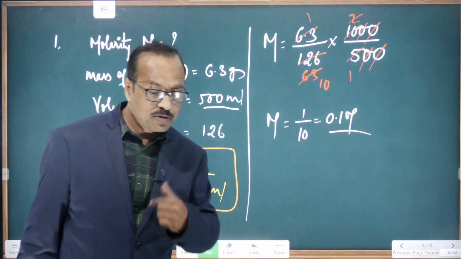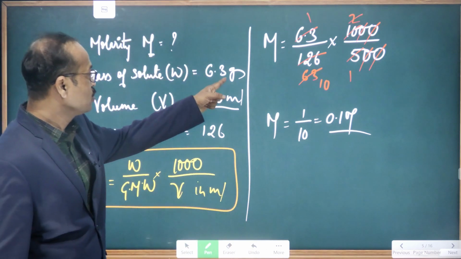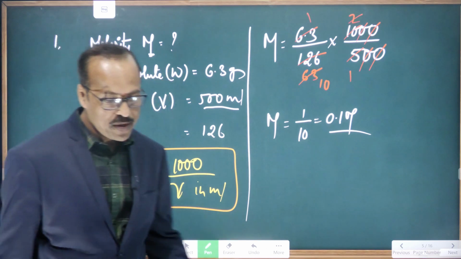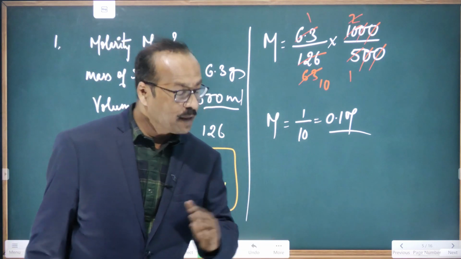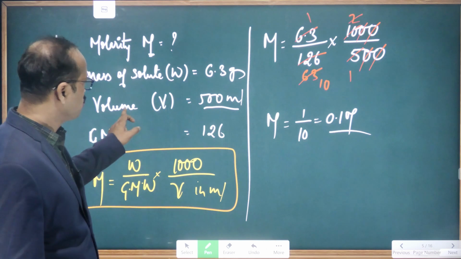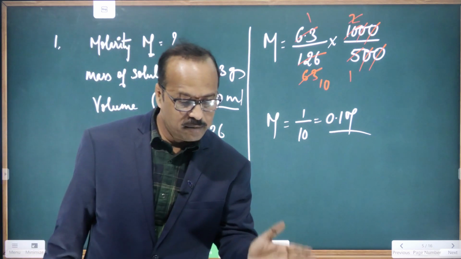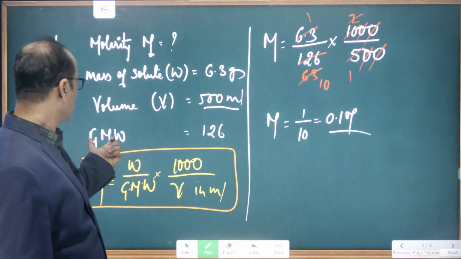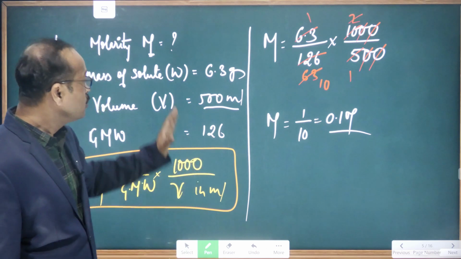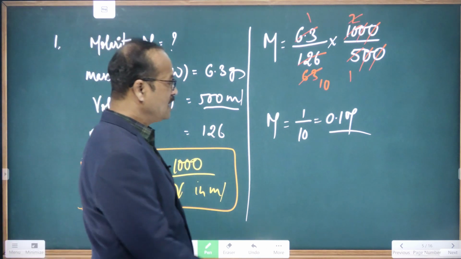6.3 grams, so grams is there, so the weight of the solid is given. Oxalic acid present in 500 ml, so 500 ml represents the volume. And the molecular weight is given, that's 126, so gram molecular weight 126 is given. So first you make the data and see the formulas.